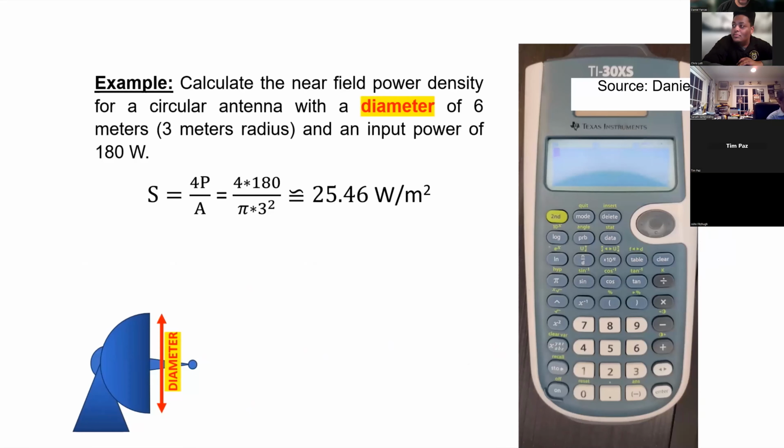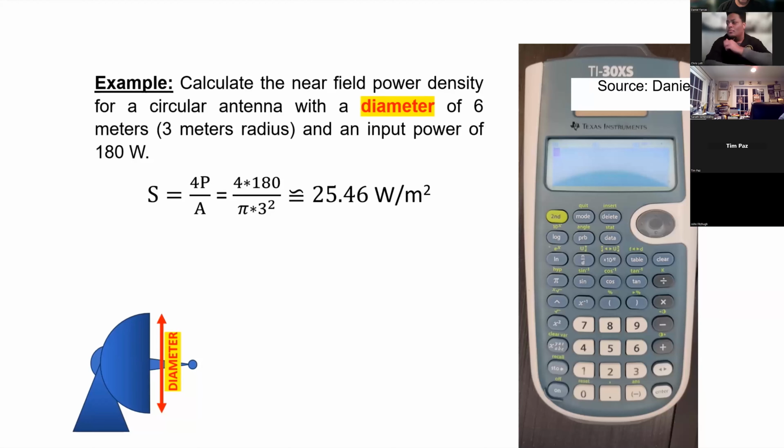Calculate the near field power density for a circular antenna with a diameter of 6 meters, which is a radius of 3 meters, and an input power of 180 watts.